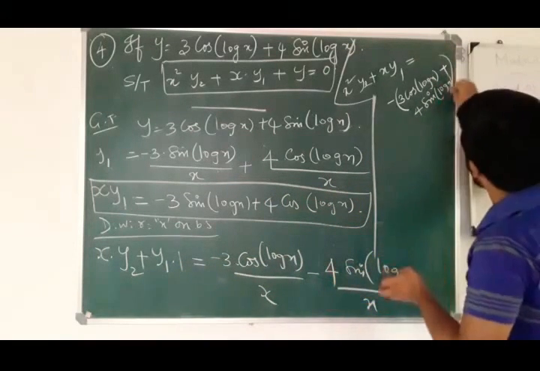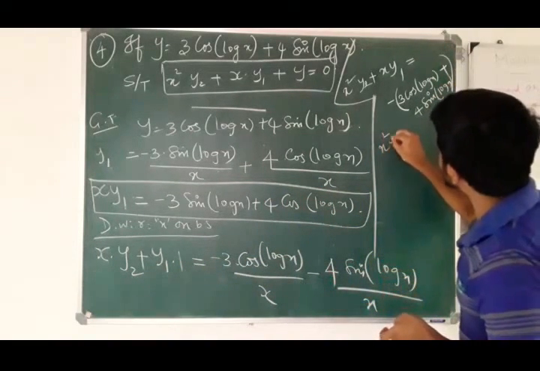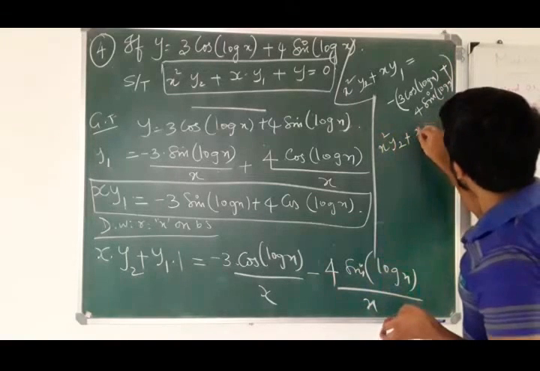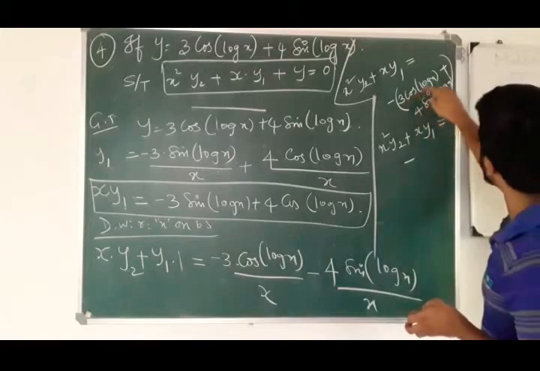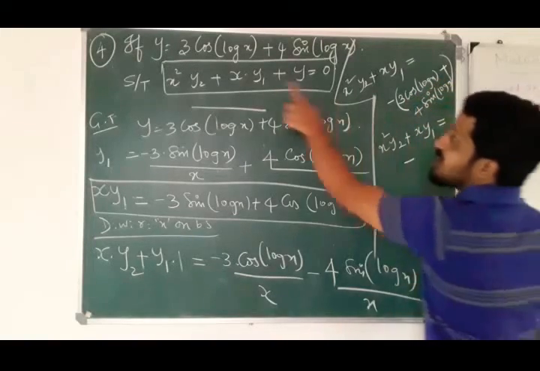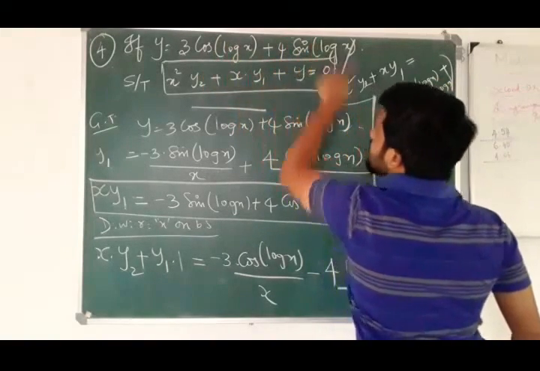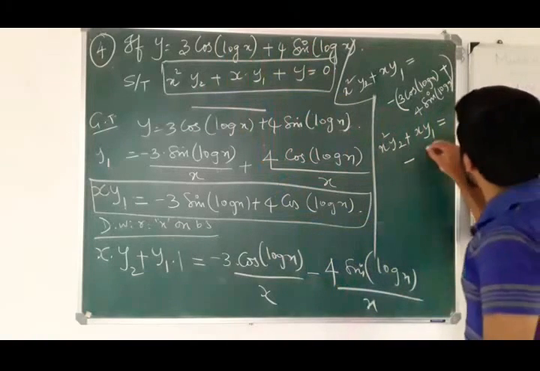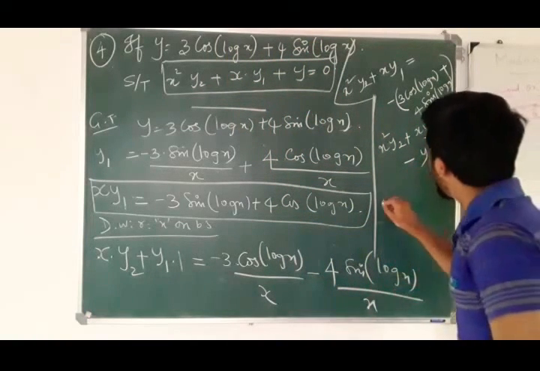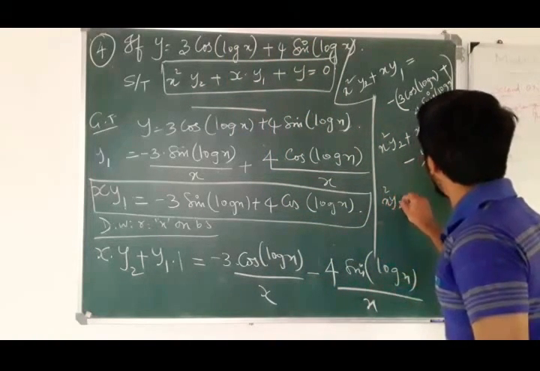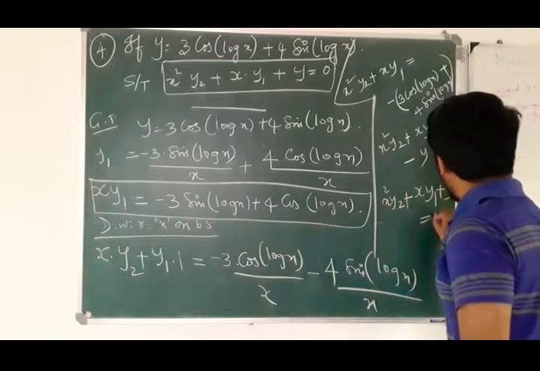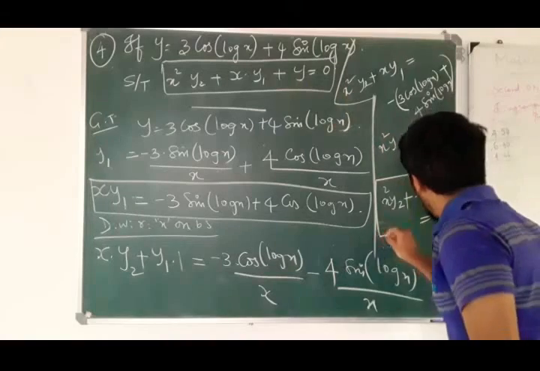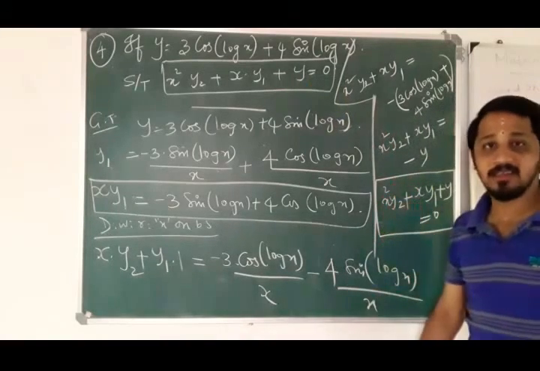What is this term? That is x square y2 plus x into y1 is equal to minus of 3 cos log x plus 4 sin log x. That is nothing but minus y. That is nothing but x square y2 plus x into y1 plus y is equal to 0, which is the required result. Is it clear to everyone?